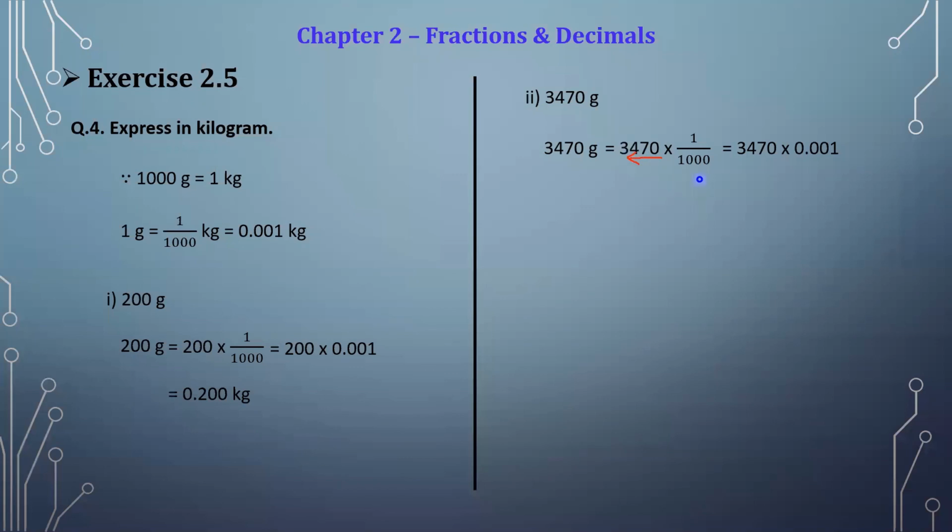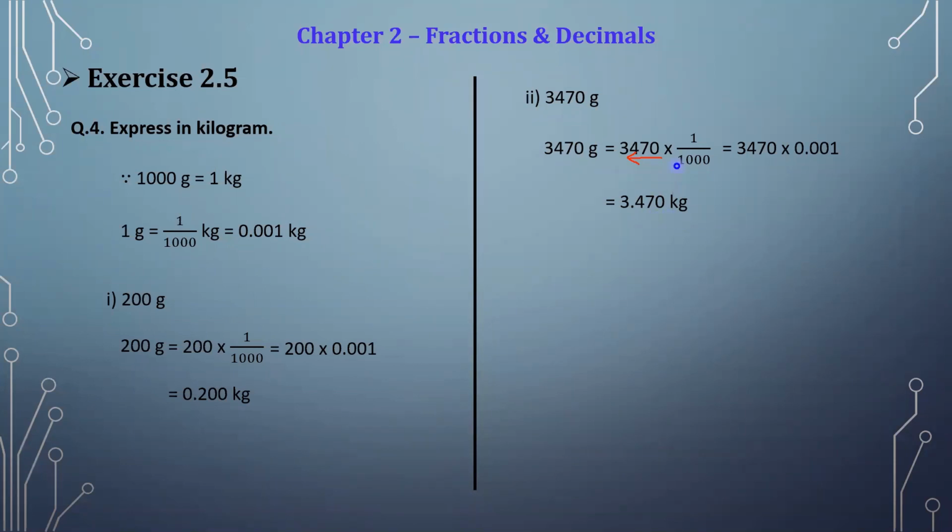That means you have to place the decimal point between 3 and 4, and by putting that decimal point, we are going to get the answer like this: 3.470 kilogram.